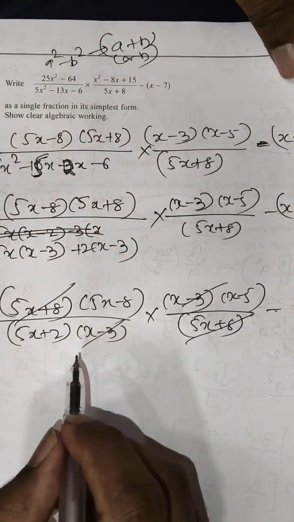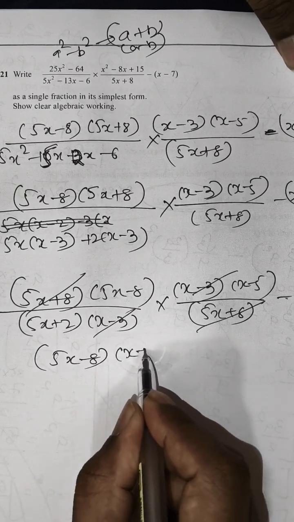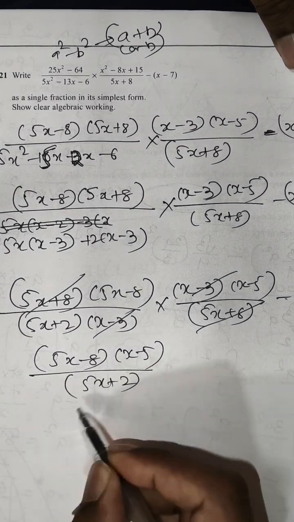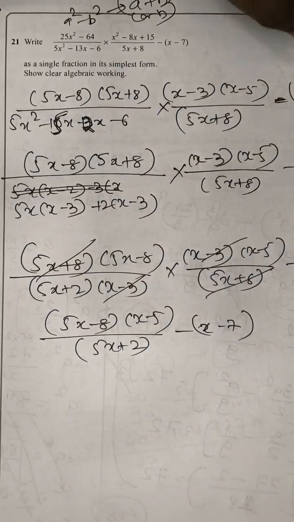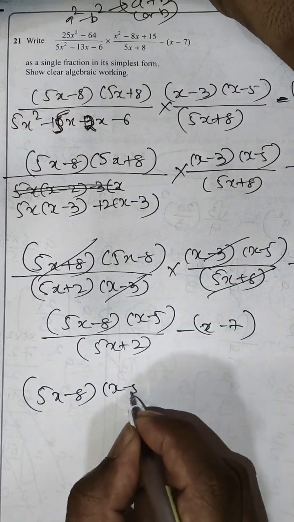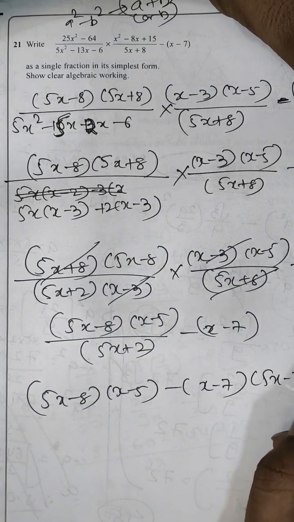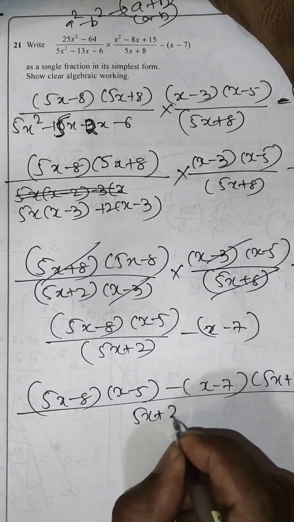Correct? So what do I left with? I am left with 5x minus 8 into x minus 5 upon 5x plus 2 minus x minus 7. Correct? So 5x minus 8, x minus 5 minus x minus 7 into 5x plus 2, whole thing divided by 5x plus 2.